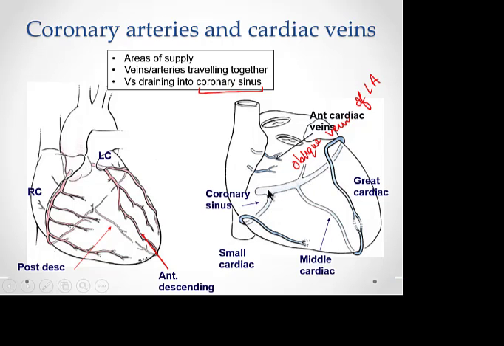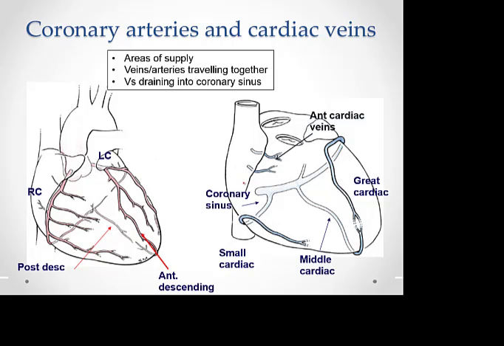So this here is the coronary sinus. You can see all these three big major veins are opening into the coronary sinus. This coronary sinus in turn opens into the right atrium of the heart. You remember, one of the openings of the right atrium was the opening of the coronary sinus. It pours all of this blood into the right atrium.